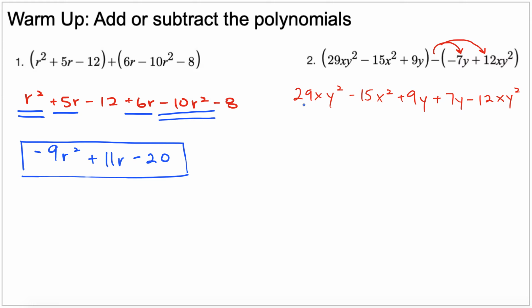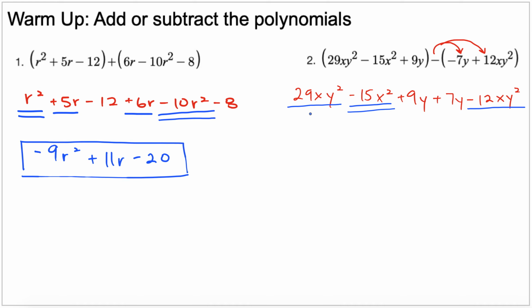And then I'm going to go through and do my underlining business. I just like to go in alphabetical order actually. So I'm going to have one x here. So with my x's, I'll do a straight underline. And I have two x's here because it's x squared. I have one x in this final term as well. And then I'm going to go through and address the y variables. For my y's, I have to switch up my underline.